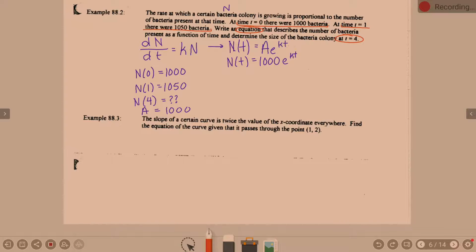The time and amount that we know that we haven't used is time 1, there's 1050. So that's what I'm going to plug in. Instead of N of t, N of 1 is going to be 1050 equals 1000 e to the k times 1, officially, because it's kt.